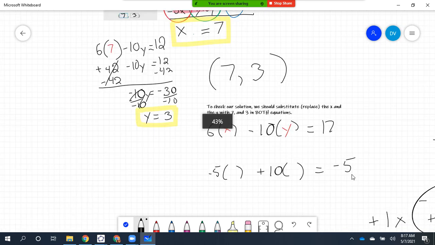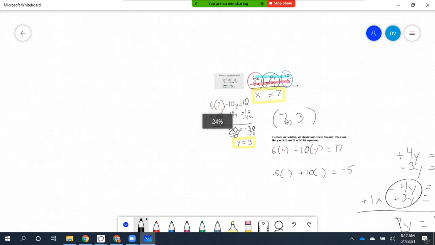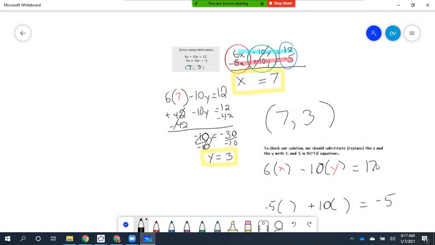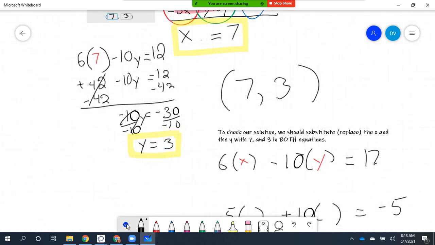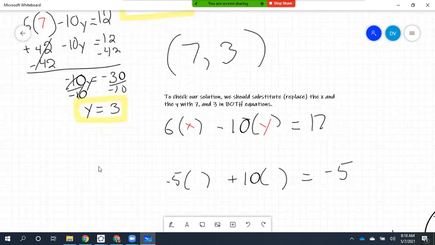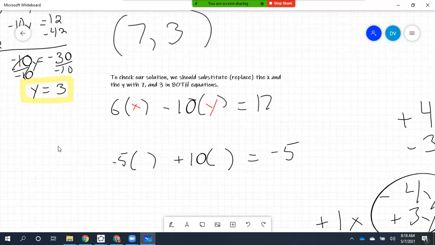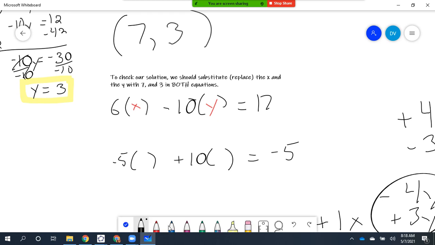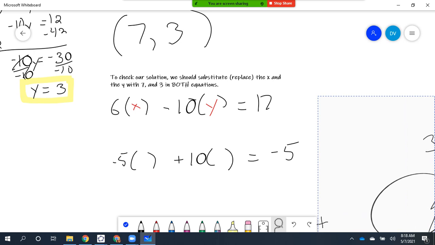Oh, yeah, it was negative 5. Okay, good. I know it's taking me way too long to write this. All right, so here's my x and here's my y.